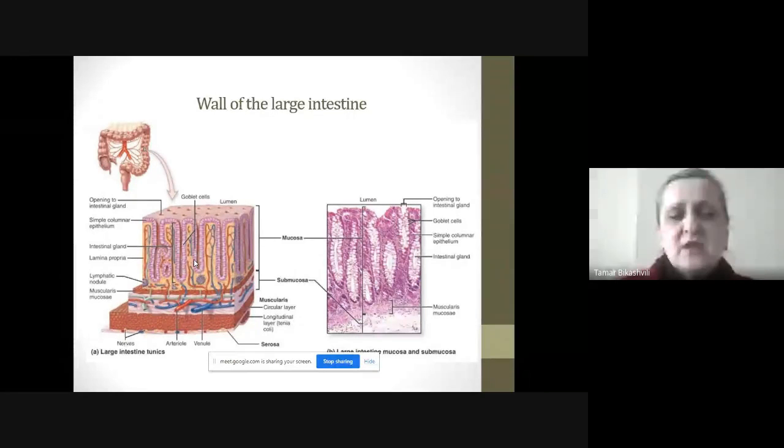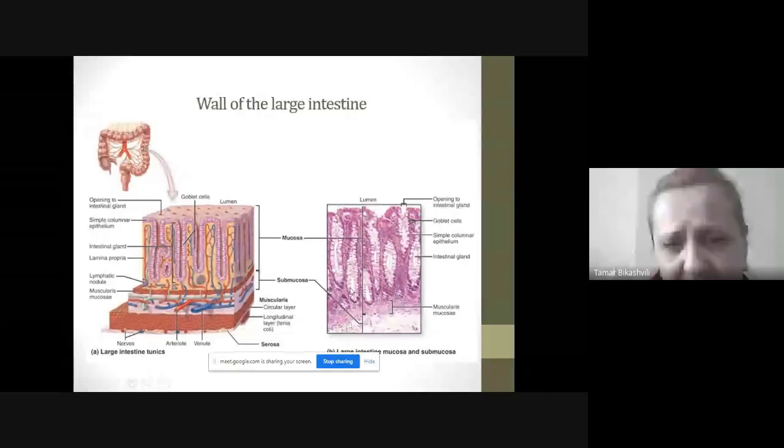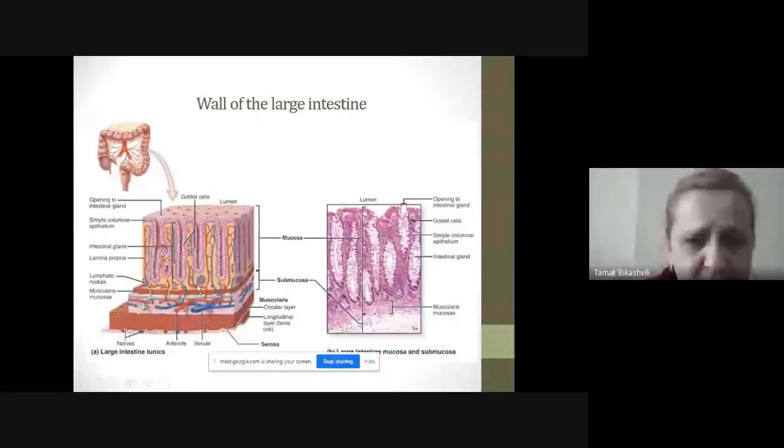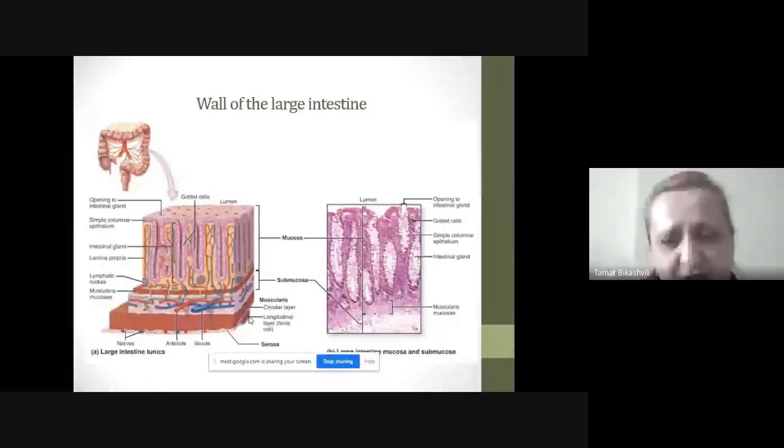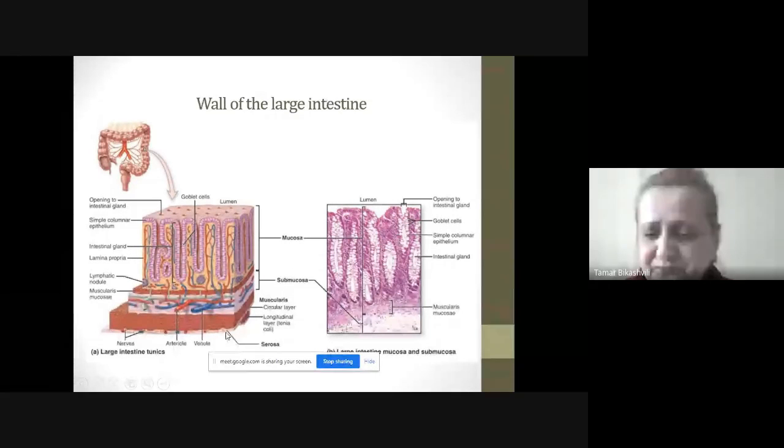Yes, here there are many. Their function is to secrete mucus, which covers the epithelial lining and protects against any damage. Then you can see the submucosa, and then the muscularis, and I said the more specific is the muscularis, the circular layer and the longitudinal layer, which forms three bands here, the tenia coli, and thin serosa.